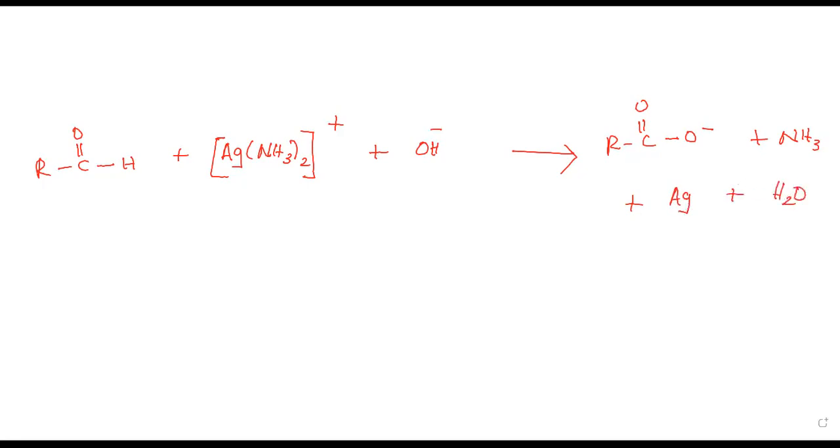So let's balance the equation, right? According to that, you will have the 2, this is a 3, 2, 4. Actually, your observation here is the silver mirror deposition.